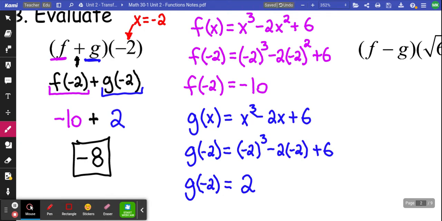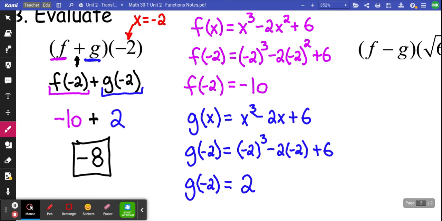Right? It's like understanding what this notation means. This means figure what f equals at -2 plus whatever g equals at -2. You go to your equations, you change x to be -2, you calculate, change x to be -2, you calculate, and then you add those two values together.